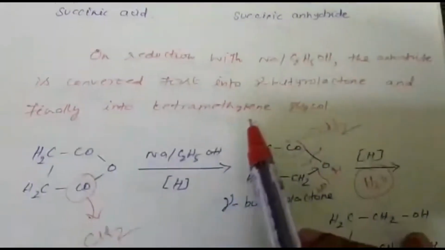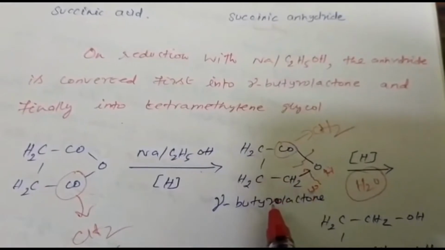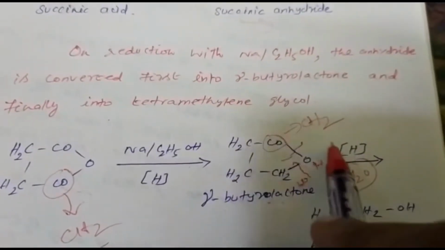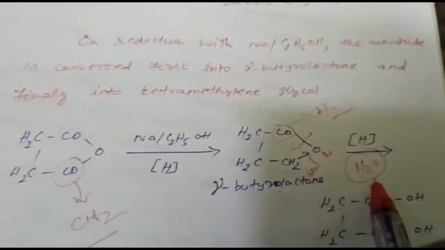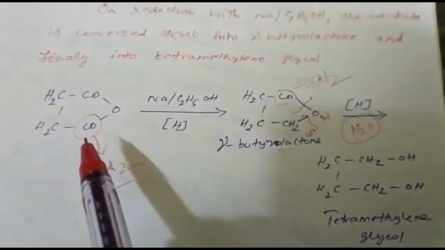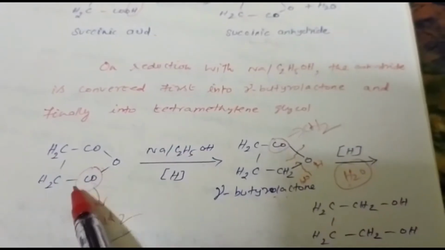This succinic anhydride is reduced by using sodium and ethanol. The anhydride converts to gamma butyrolactone. It undergoes further reduction followed by hydrolysis to get tetramethylene glycol. So the reaction is, this is the formed succinic anhydride. In the first step, it is reduced by sodium and ethanol. This CO group is reduced to CH2.